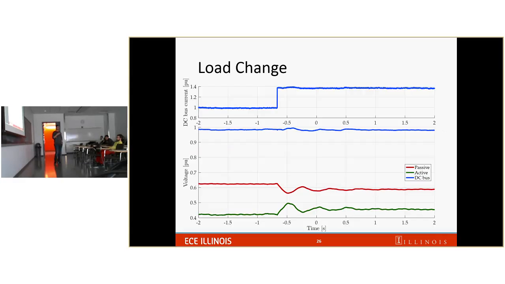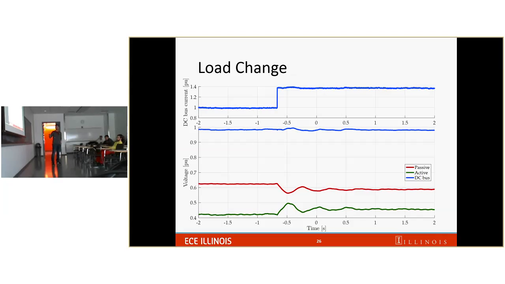We tested it under 2 conditions, under load change condition and under speed change condition. At this point, the load increased from 1 per unit to 1.4 per unit. And the goal is to maintain a constant 1 per unit DC bus voltage. And you see here, the red line is the voltage of the passive rectifier, and the green line is the voltage of the active rectifier.